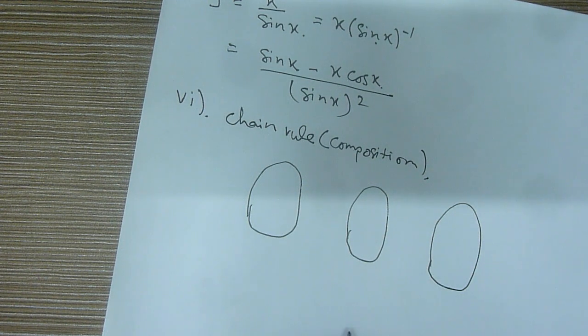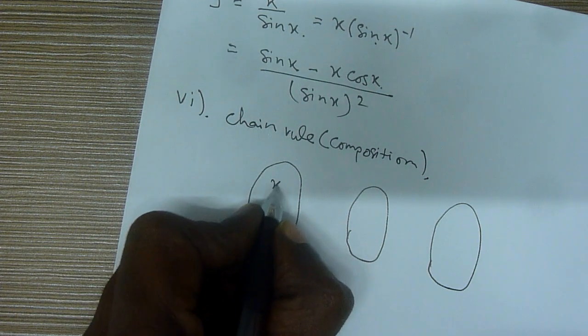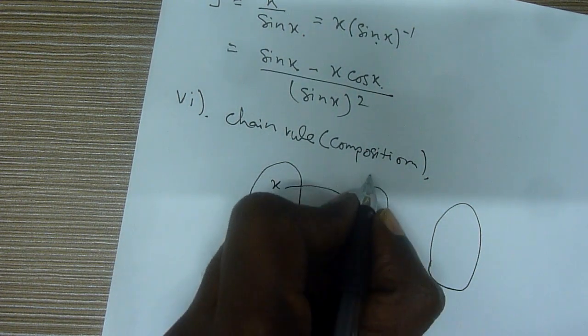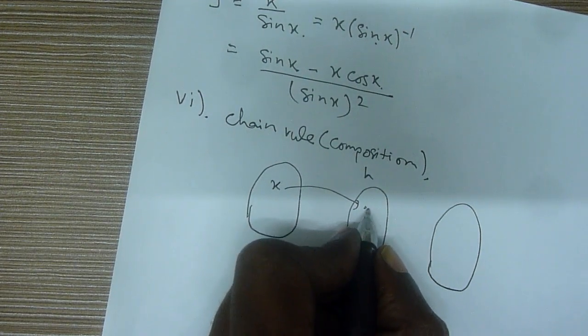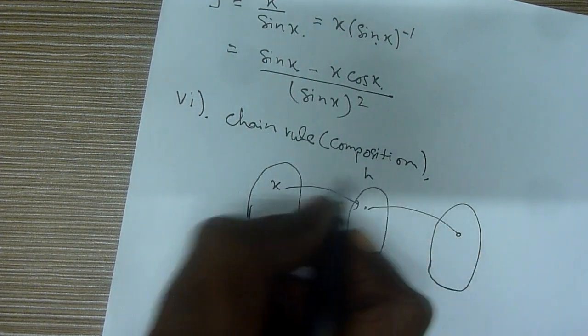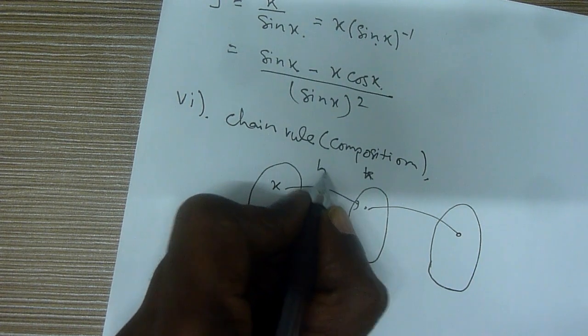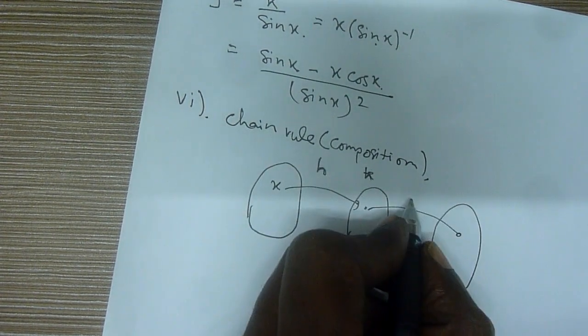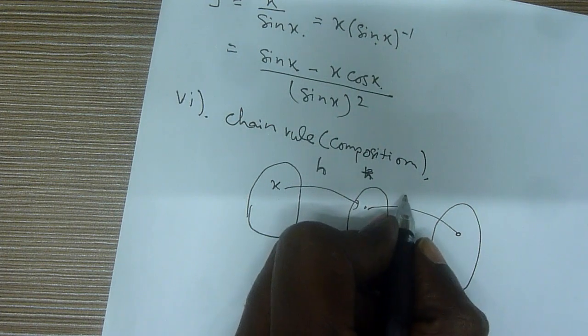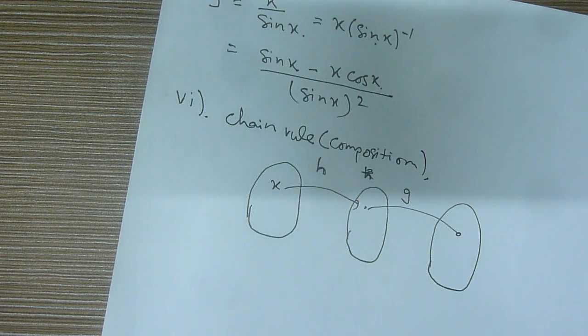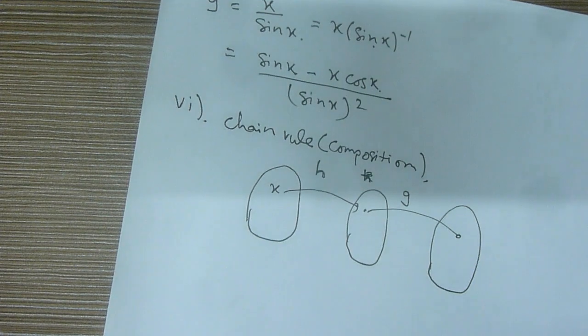functional transformation. You can see this from here, x moving into one, maybe I may call it h, and from that h we are moving to another stage using another transformation function called g.